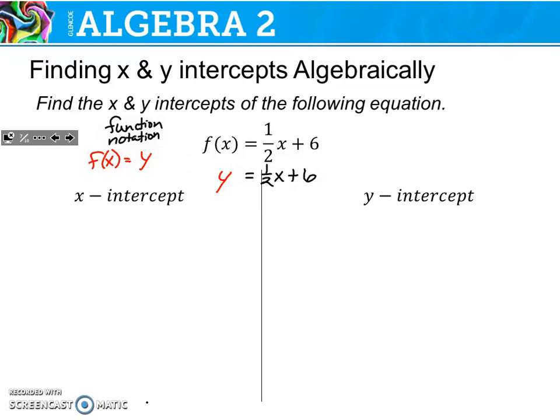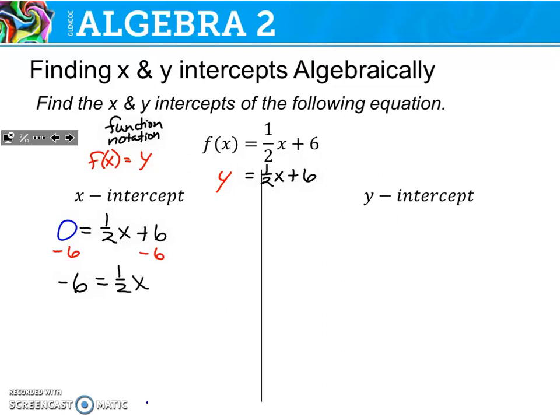Okay, so I need to find my x-intercept. Well, I'm just going to set my y value equal to 0. So I get 0 equals 1/2 x plus 6. I need to solve for x, so I can subtract 6. That gives me -6 equals 1/2 x.